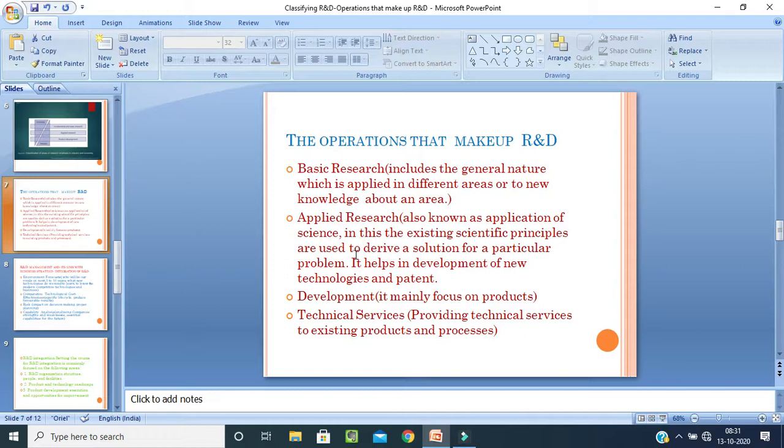The technology used in 1920 can't work in 2020. As technology improves and the needs, demands and wants of customers change, it will not work in the long term. So depending on the situation and condition, we have to upgrade ourselves. This is how applied research takes place.